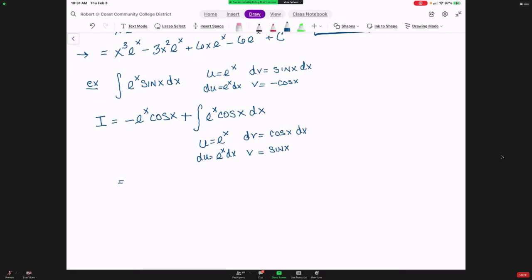So our integral is this: negative e to the x cosine x plus uv, e to the x sine x, minus the integral of v du. And we went right back to where we started.